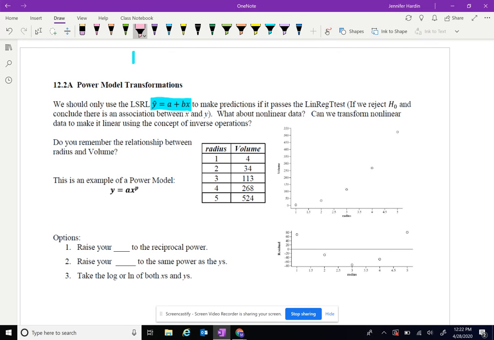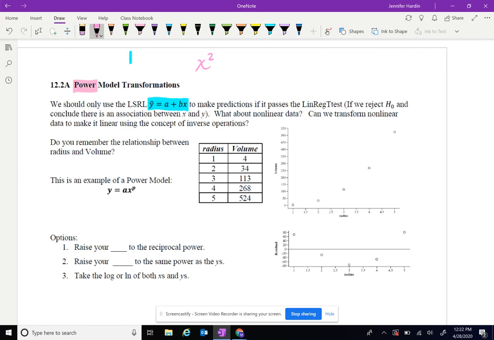If we're dealing with something where it's a power model, and we go back and look at what power models look like, the most familiar one that you've graphed to date probably is x squared, something that's quadratic. You could also do x to the third power or x to the fourth power, which are kind of W shaped, depending on if they have all those turns and stuff. But those are our basic power models.